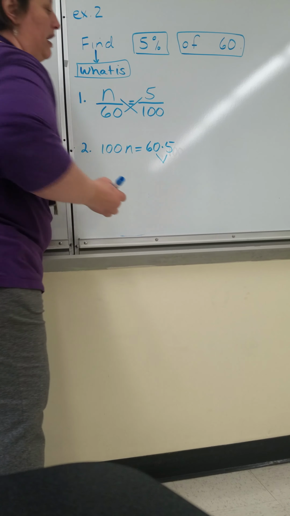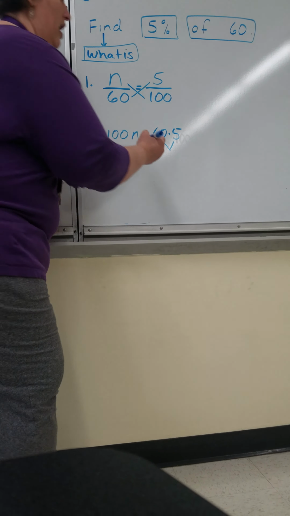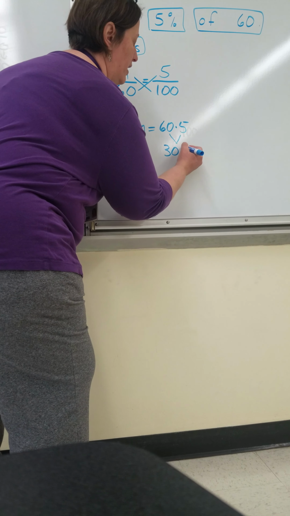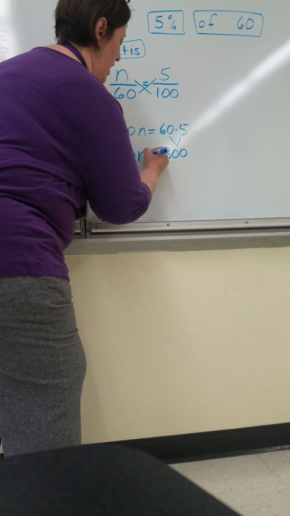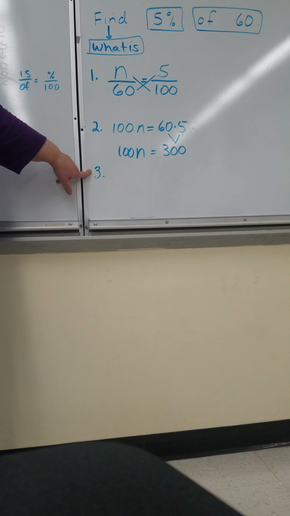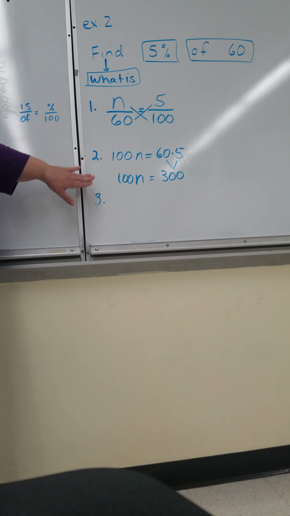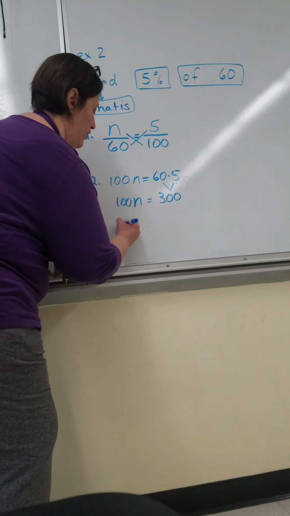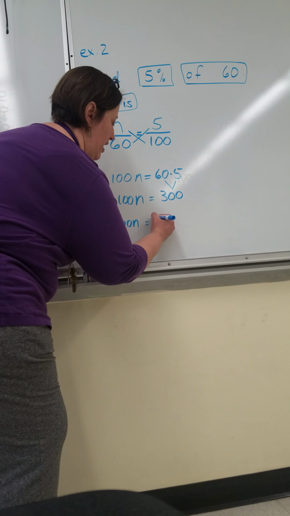You guys should be able to figure out 60 times 5. 6 times 5 is 30. So 300. 60 times 5 is 300. So 100n equals 300. All right, our last step is divide. So we have set it up, cross multiply, and divide. So we're going to divide by the number attached to the n.